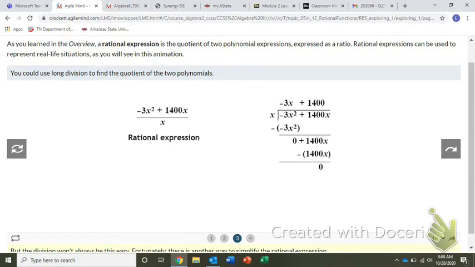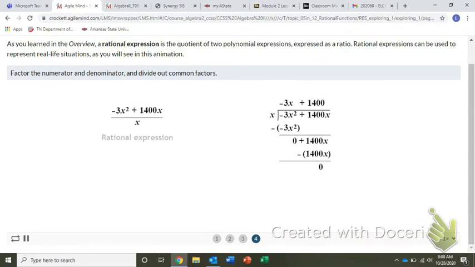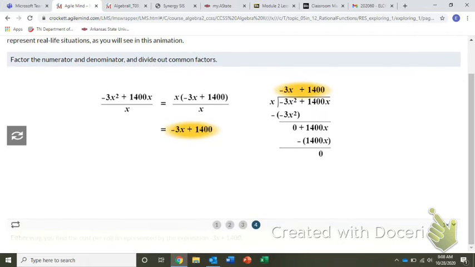Now it says at the bottom, this division won't always be easy. Fortunately, there is another way to simplify the rational expression. So here's what they're doing. They factored out that x, they canceled those x's, and you're left with exactly what you got.